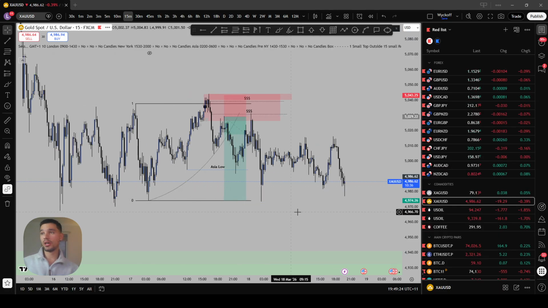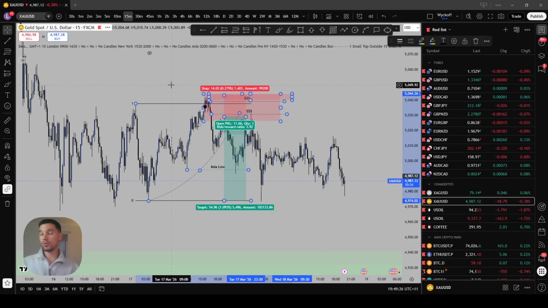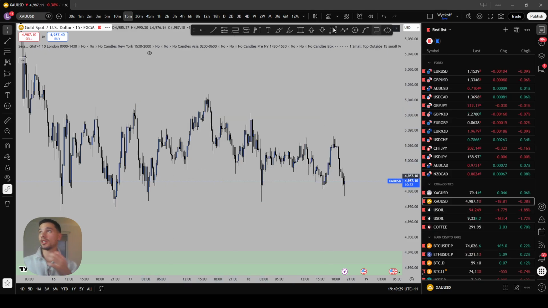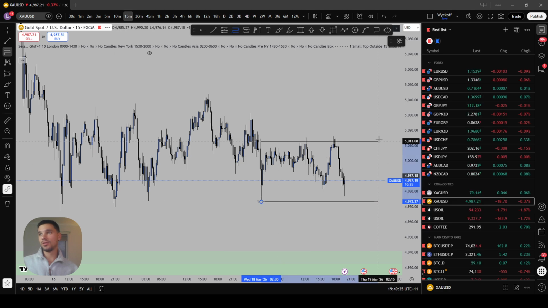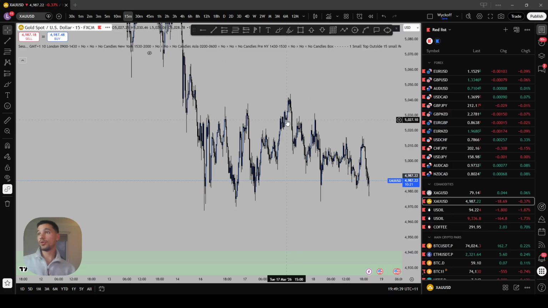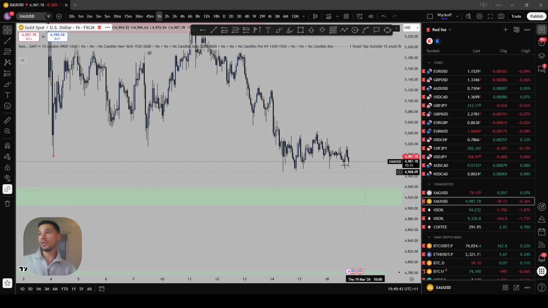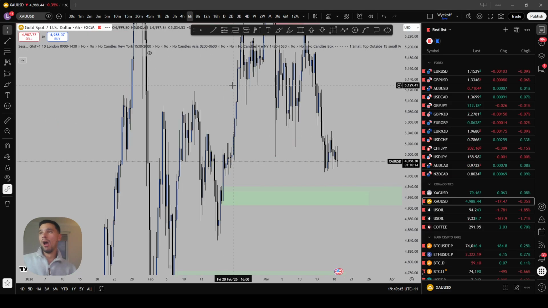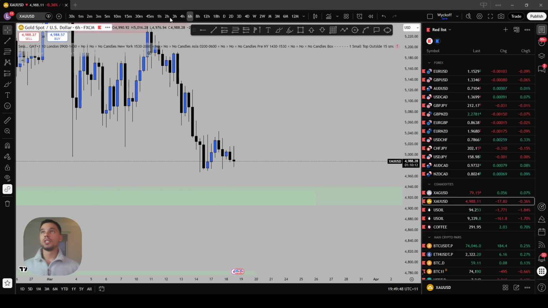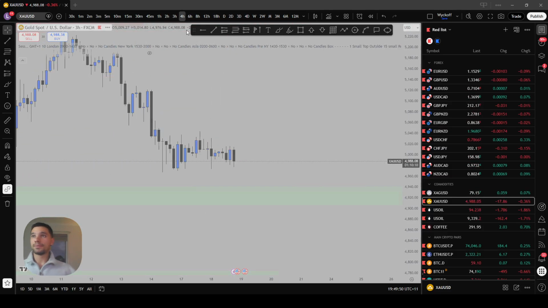Now that I've explained this to you, I can get rid of this as all price movements have been completed. No longer interested. I would not be drawing any more ranges thus far. The only thing you could potentially look at is this range.